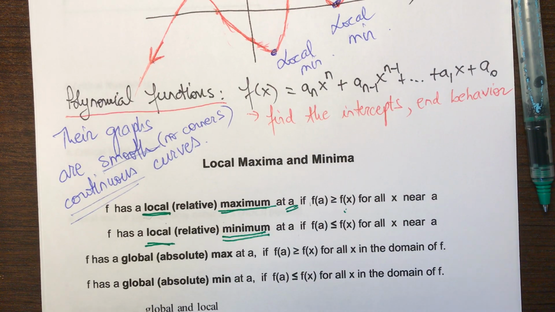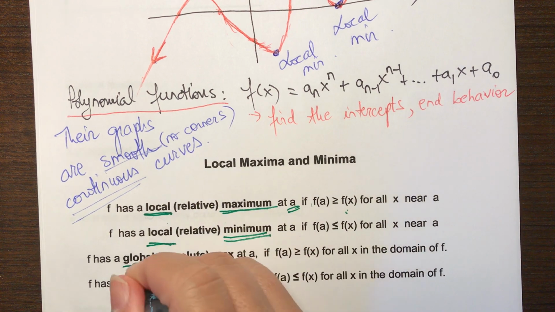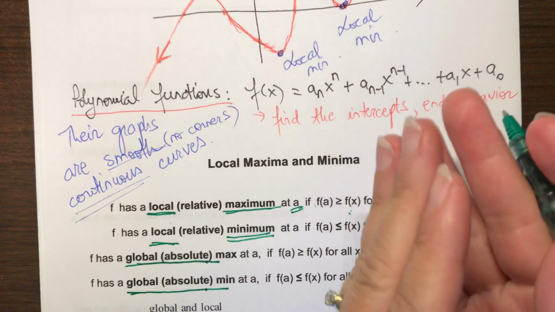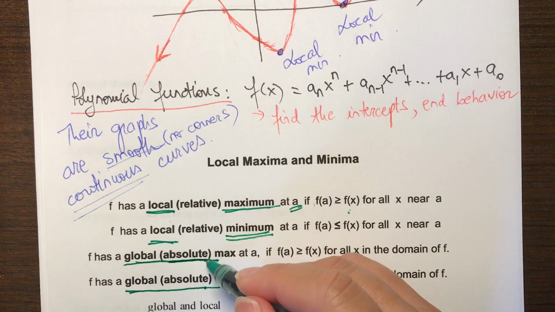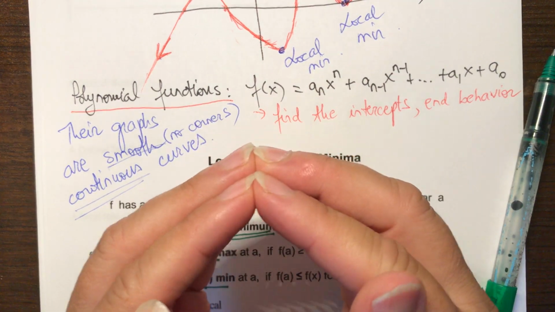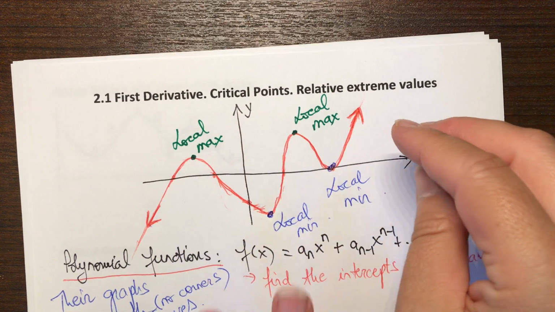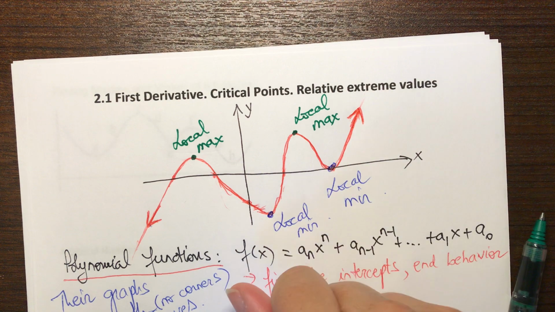Next thing is what's a global or an absolute max or an absolute min. So what do you think the difference between a local, and by the way, my favorite of the two is absolute, and a global or an absolute maximum? Let's look at these. Is there an absolute maximum in this function?